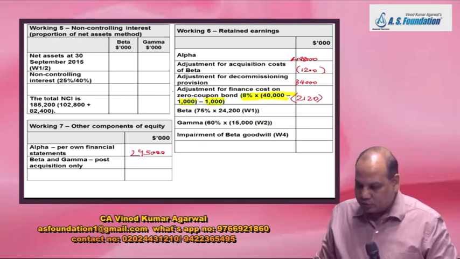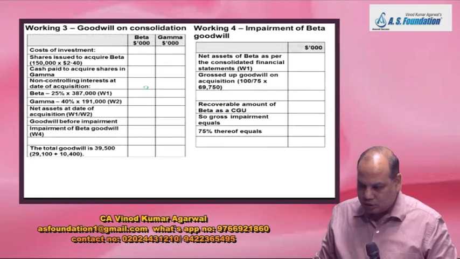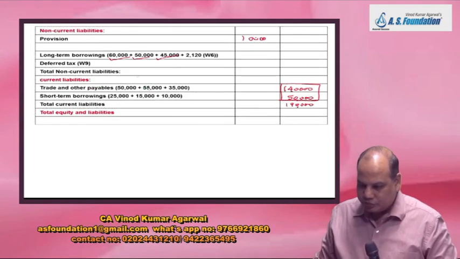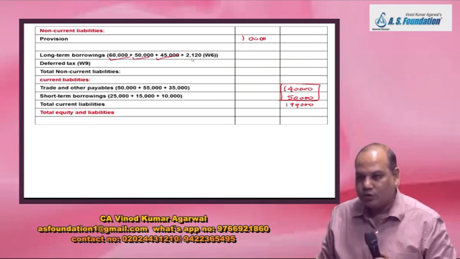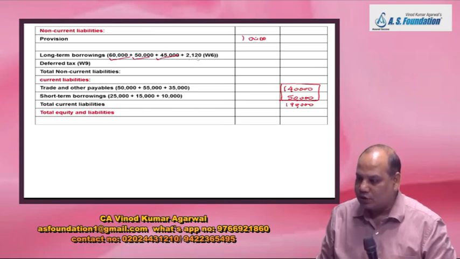And now we'll come to the balance sheet also. Long-term borrowing will have a net incremental effect of 2120. Reduce by 1,000, add by 3120. Reduce by 1,000 because there is an issue expense, and add the accrued interest 3120.